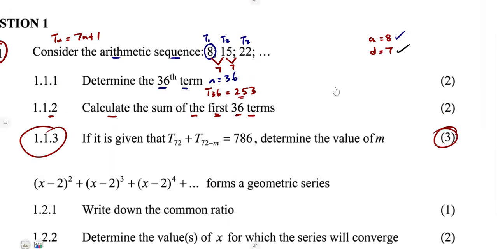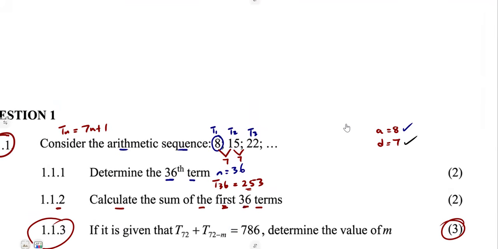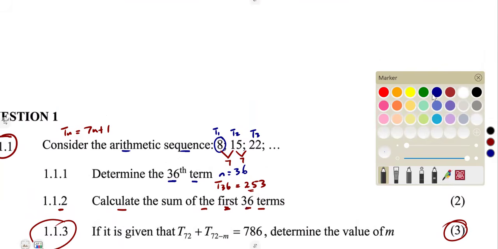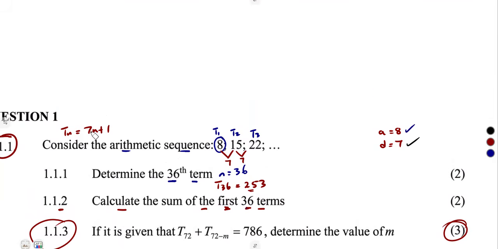So you see what I was saying before. If you can simplify the Tn formula, it'll be best, because you never know what is at the end. We need that Tn to find T72 and T72 minus M. It'll be easier if you've got your Tn like that.